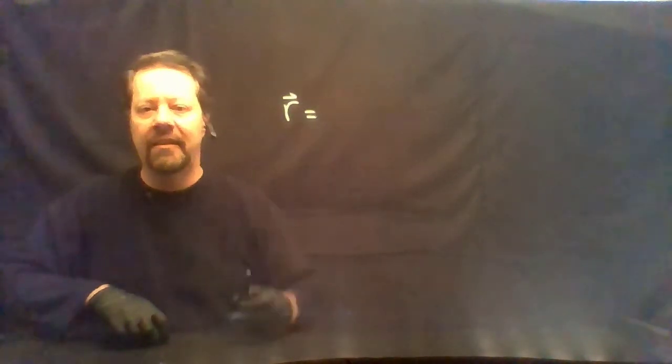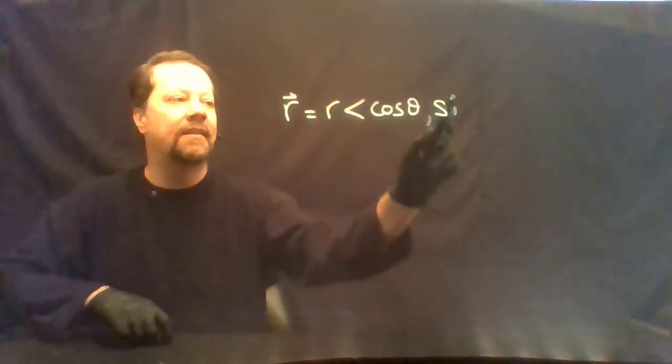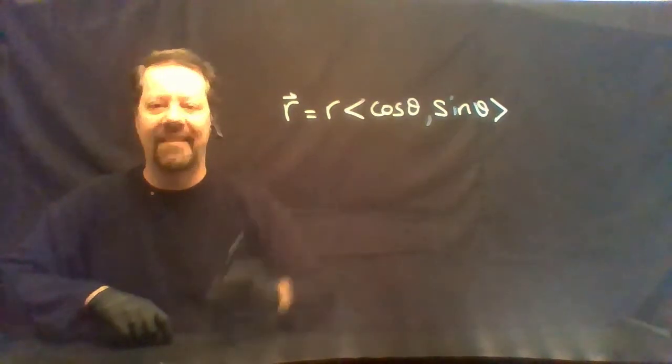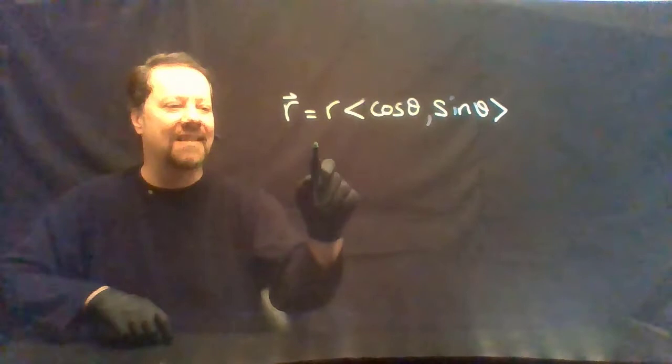It's possible to show that an object moving under Newton's inverse square law for gravity will have zero torsion, and hence the path will lie on a plane. So we're going to make the following assumption. We're going to suppose that the position vector r is in a plane. We'll write that as r times cosine theta, sine theta, just like we have in the recent past.